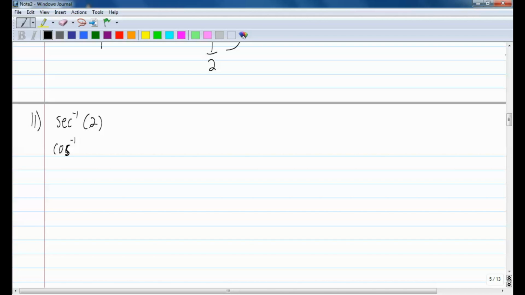If we use inverse cosine, we have to take the reciprocal of 2, which is 1/2. So the inverse cosine of a positive means we want the answer from the first quadrant. So you just say to yourself, the cosine of what is 1/2? Pi over 3. So that means that the inverse secant of 2 is also pi over 3.